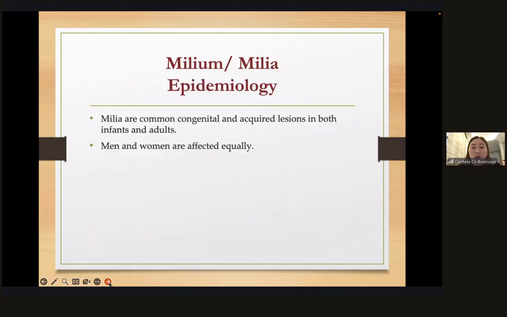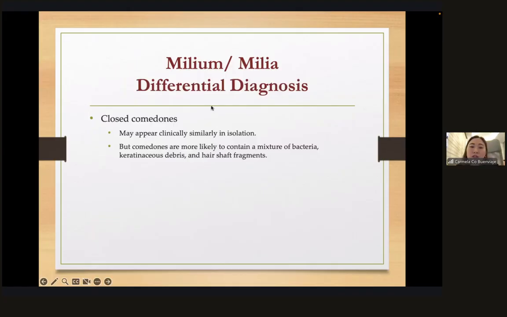Okay, so milia are common congenital and acquired lesions in both infants and adults. Men and women are equally affected. A close differential diagnosis of milia is closed comedones. They may appear clinically similar if they are in isolation, but comedones are more likely to contain a mixture of bacteria, keratinaceous debris, and hair shaft fragments.